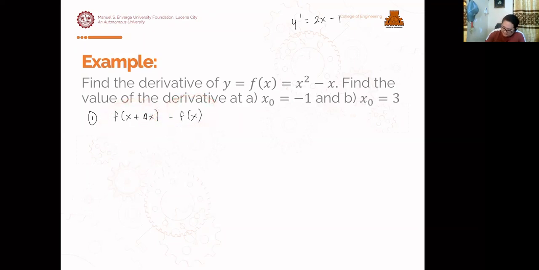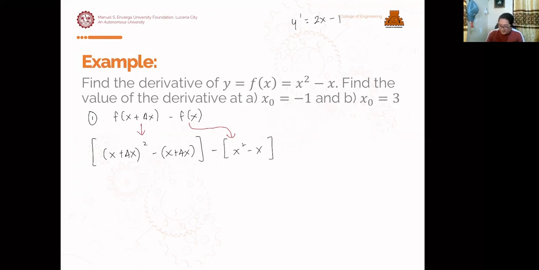So, ang function natin is x squared minus x, no? So, ibig sabihin yung x squared, gagawin mo lang (x plus delta x) squared minus (x plus delta x). Ito yung una. Then minus f of x natin, so x squared minus x. Okay? And then, simplify natin.